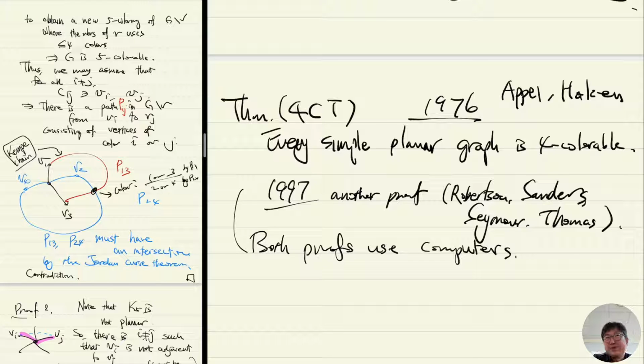After these proofs, people have no doubt that this is a theorem, but still some of you may wonder whether you can believe a proof written in part with the help of computers. Like you may not be sure whether compilers or computers have no bugs, etc. Right?